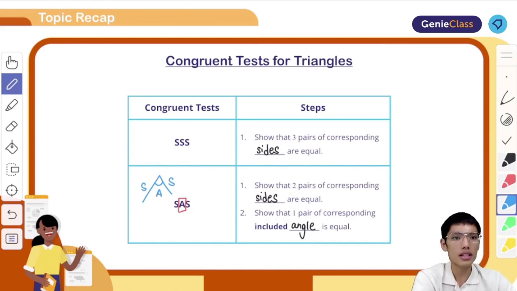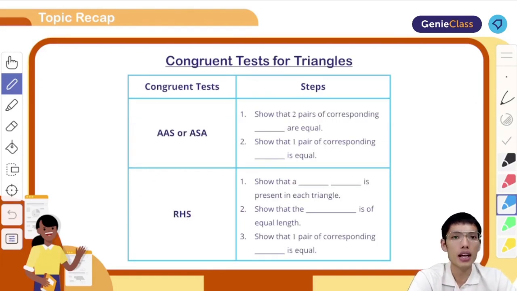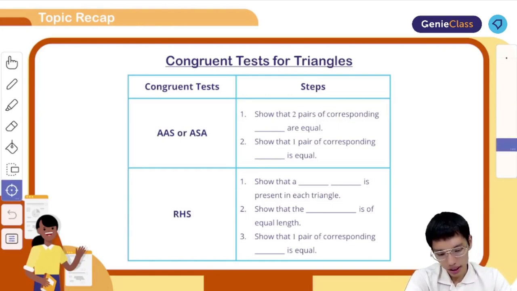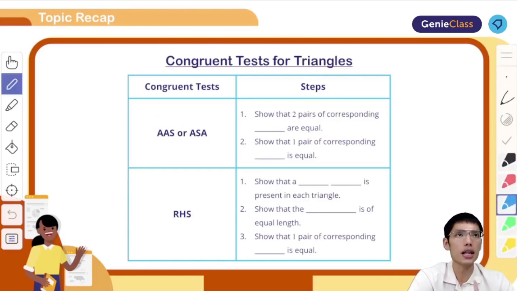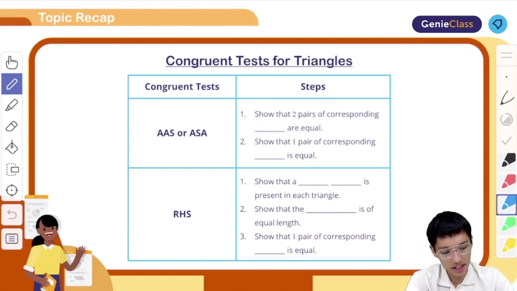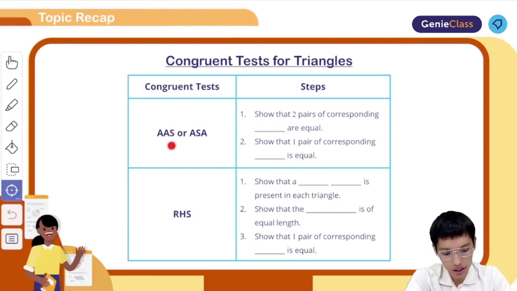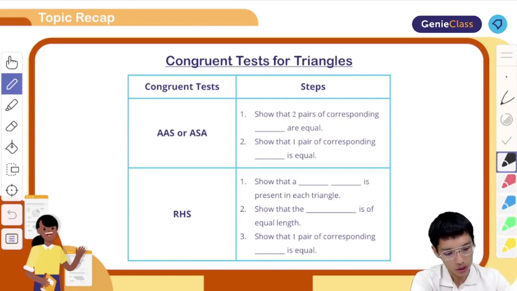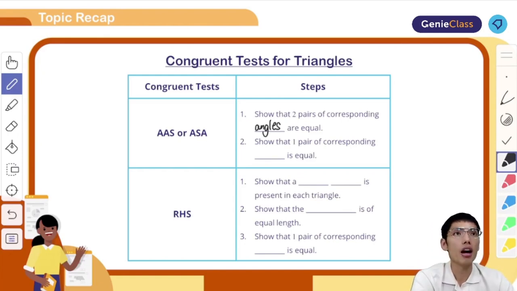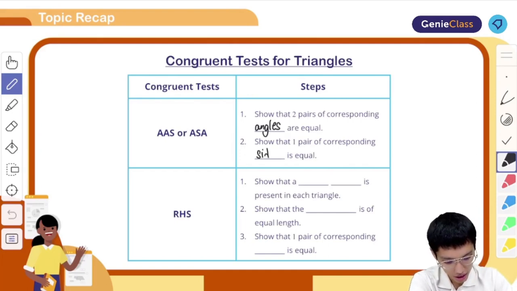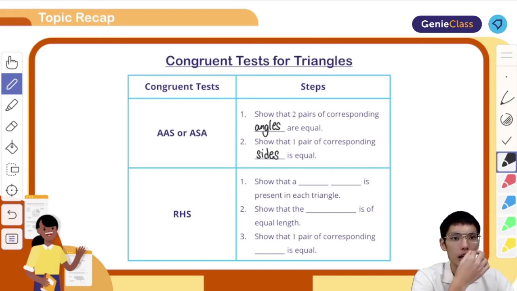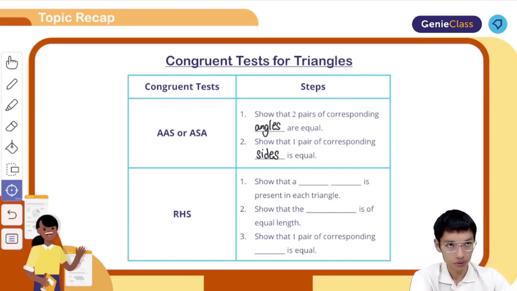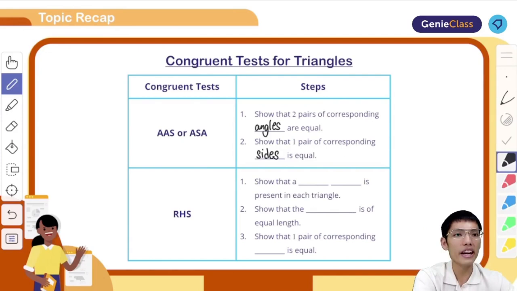Now for the next congruence test, AAS or ASA, it doesn't matter, because whether I have the included side or the side that's not included, the congruence test will still work. In this case, you just have to ensure that 2 pairs of angles are equal and 1 pair of corresponding sides are equal. And lastly, RHS.